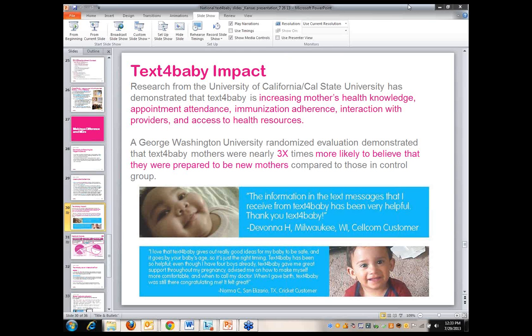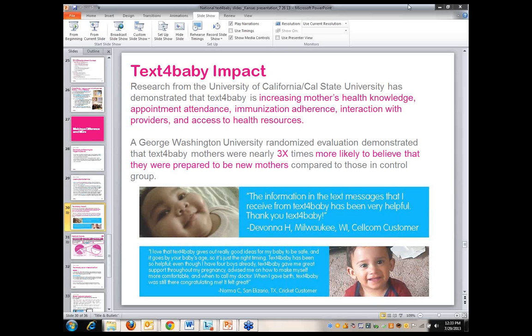That just resonates with me as far as that they feel prepared. I mean, that's a huge uneasiness with moms and making sure that they have all the information they need while they're pregnant, and showing that this service gave them that knowledge and preparation while they were pregnant.